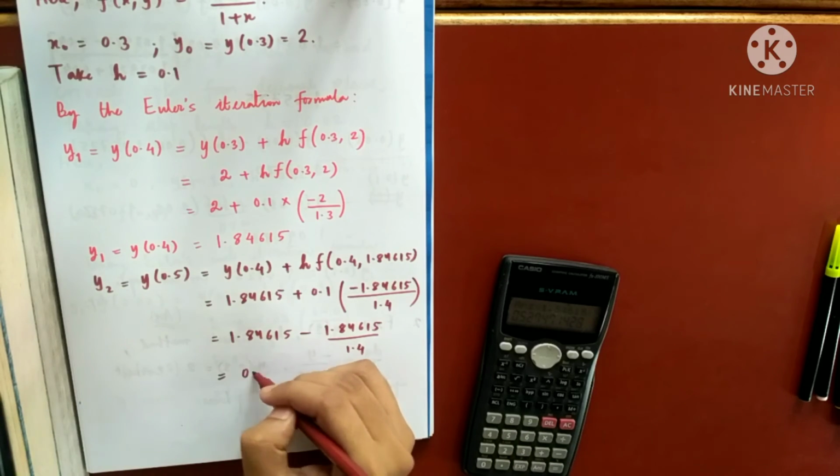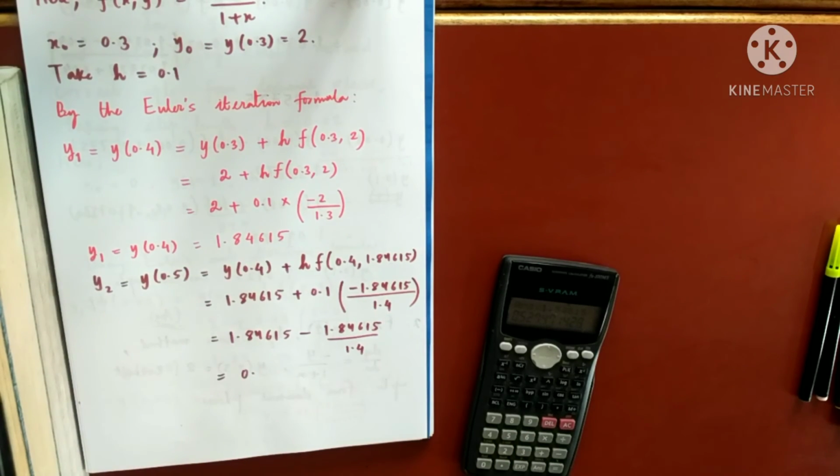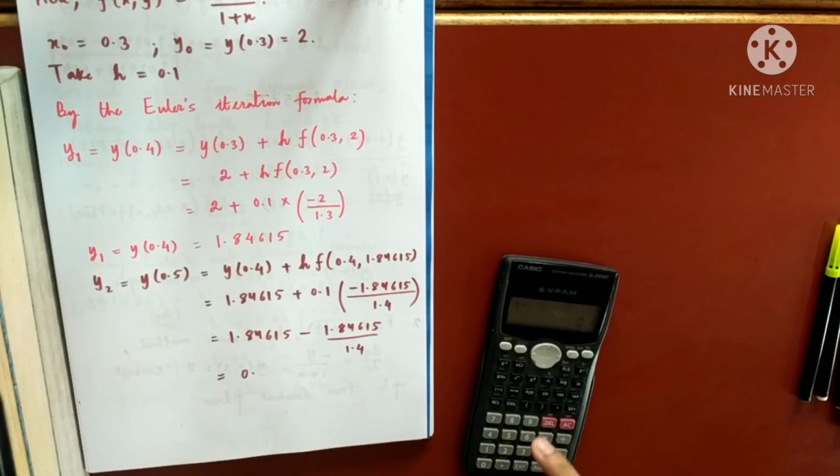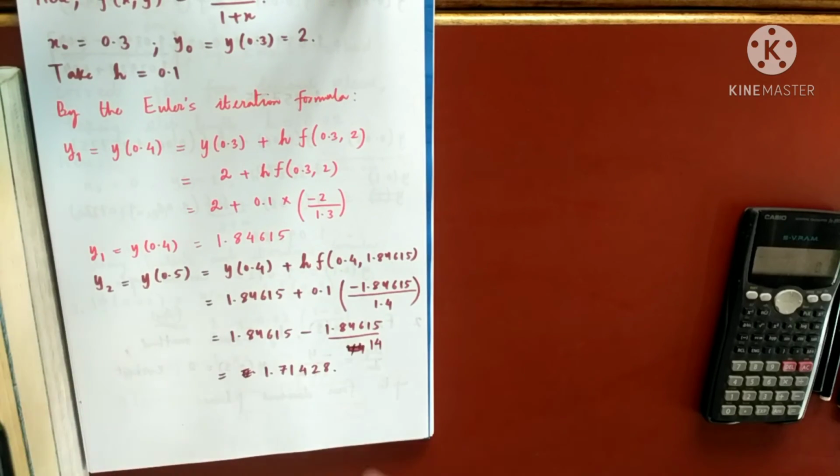No, sorry, 1 divided by 1.4 into 1.84615. I am doing some mistake. Let me check. So y2 will be this, and you can keep on computing.